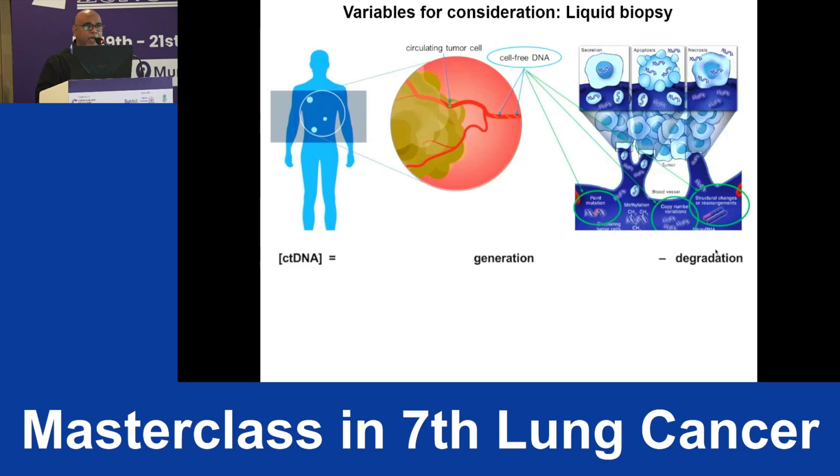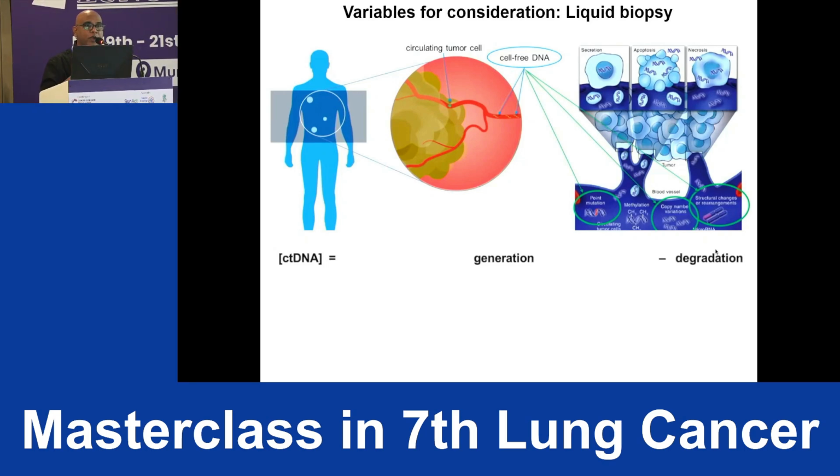Starting with the basics, the liquid biopsy, as we are aware, may entail the CTCs, the circulating tumor cells, or the exosomes, or the ctDNA, that's the cell-free DNA. Today we will restrict ourselves to the cell-free DNA. What you really need to know, which is very paramount in these settings, is that the ctDNA is highly unstable.